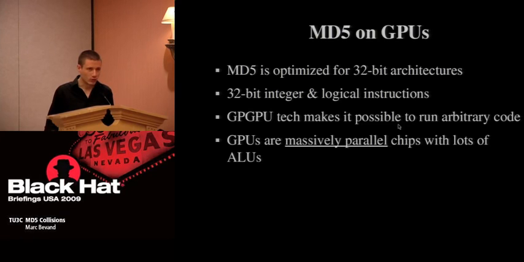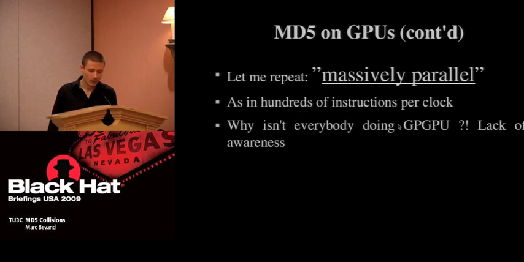And the reason for that is because GPUs are massively parallel chips with lots of arithmetic and logic units, or LAUs. They are based on a massively parallel architecture because a video card processes pixels, and graphic rendering is based on the fact that each pixel can be rendered independently from each other. So this is really important to understand the level of parallelism that exists on the GPUs.